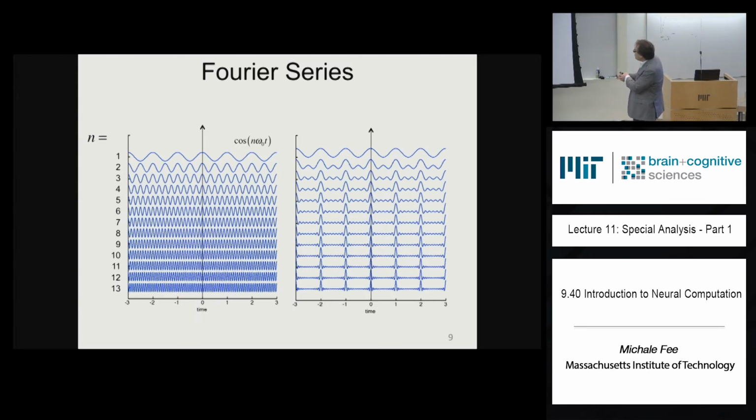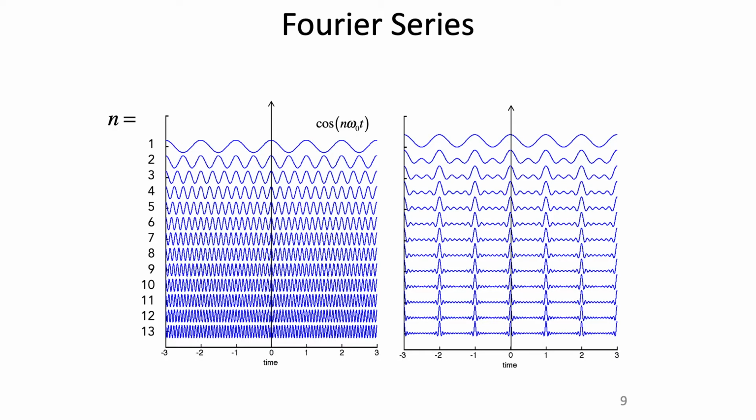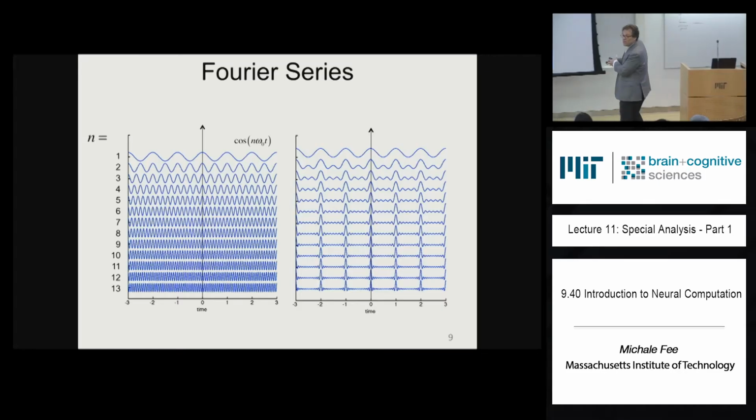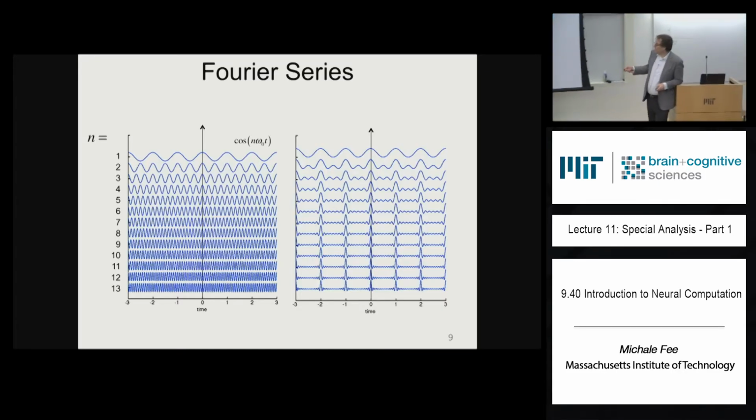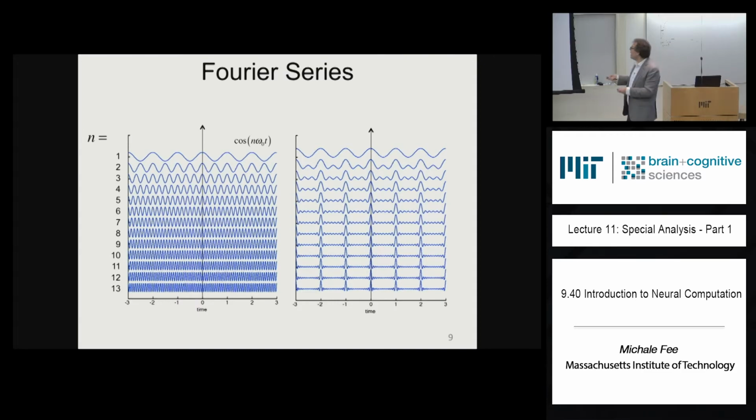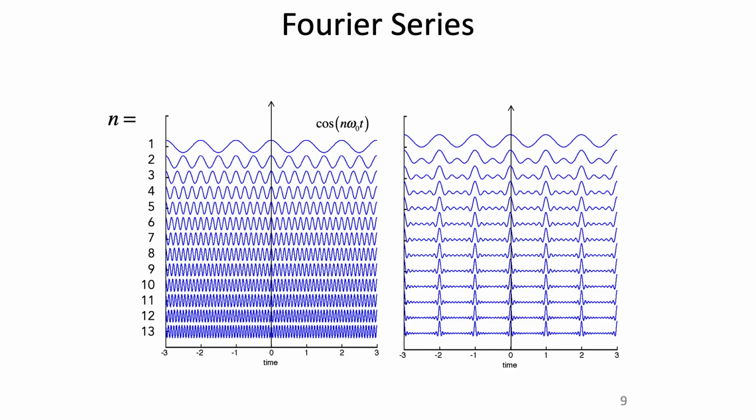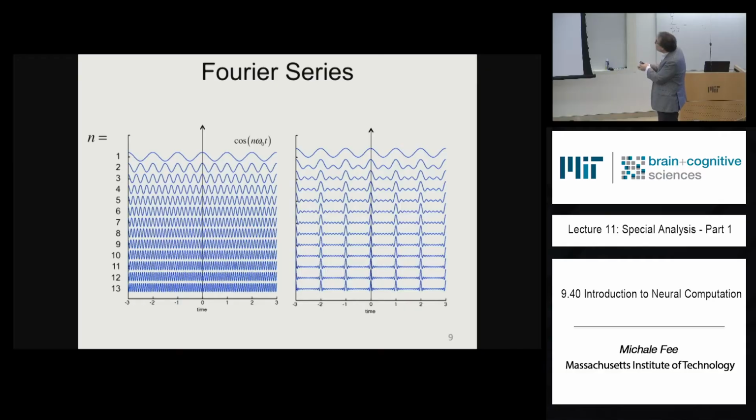Here's another example. In this case, we are summing together cosine functions to approximate a train of pulses. Okay, so the signal we're trying to approximate here just has a pulse every 1 unit of time, one period. And you can see that to approximate this, we can basically just sum up all the cosines of all frequencies n omega naught, and you can see that at time 0, all of those functions are positive, right?